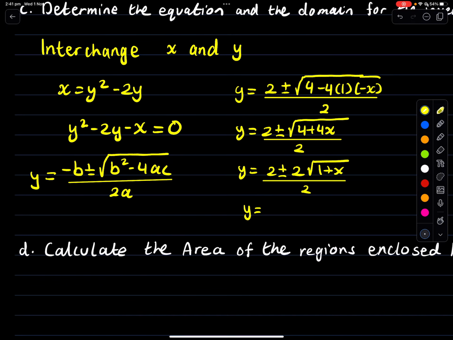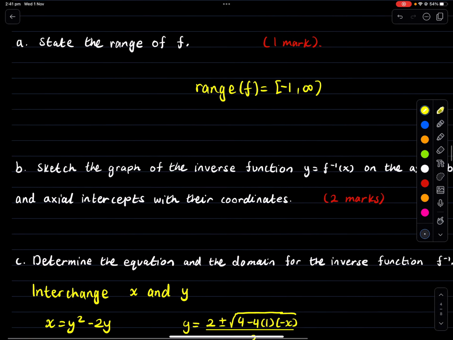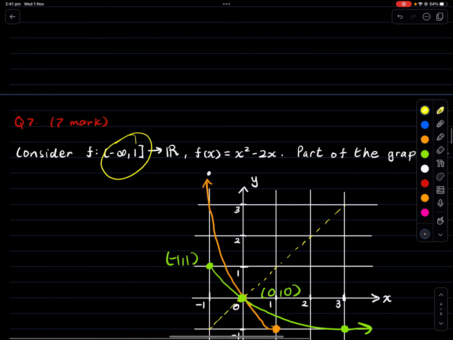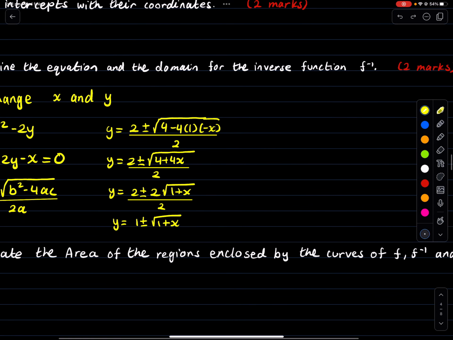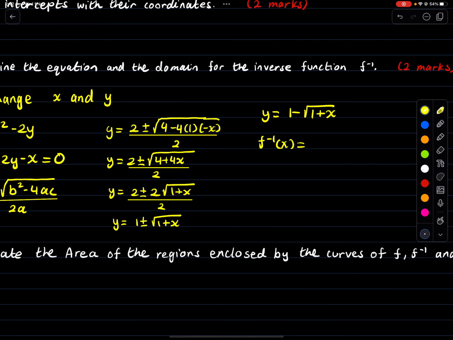So y is 1 plus or minus root 1 plus x, but we reject the positive one because we know the domain is to the negative, so we take the negative one. So y is 1 minus root 1 plus x. Therefore f inverse of x is 1 minus root 1 plus x.